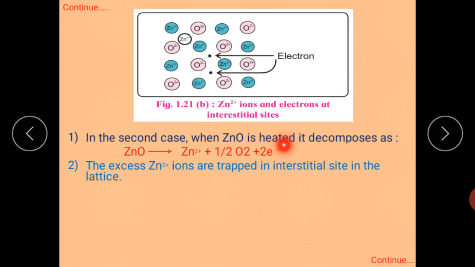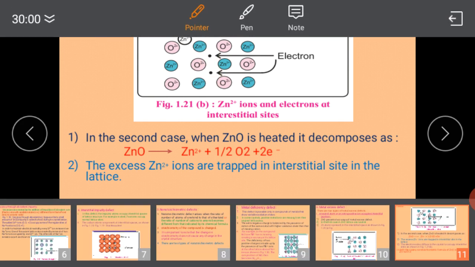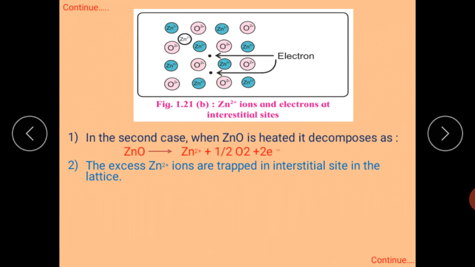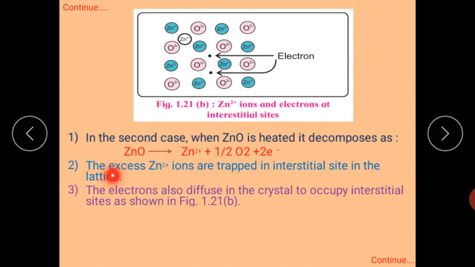That is, two electrons are removed from the neutral zinc atom to form Zn2+ ions. The excess Zn2+ ions are trapped in the interstitial sites in the lattice, and the electrons also diffuse in the crystal to occupy interstitial sites as shown in this figure.